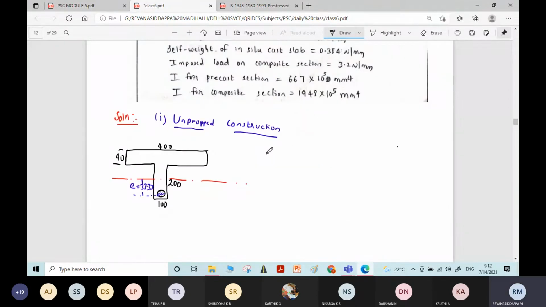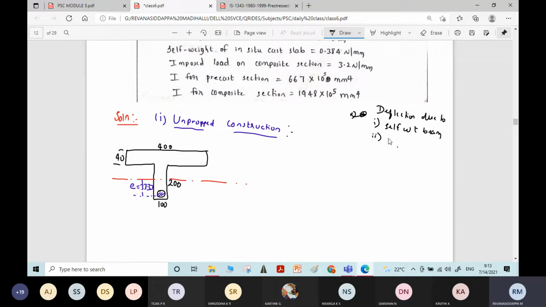When you want to calculate the deflection for a composite beam, there are a total of four kinds of deflection. One is deflection due to self-weight of the beam.